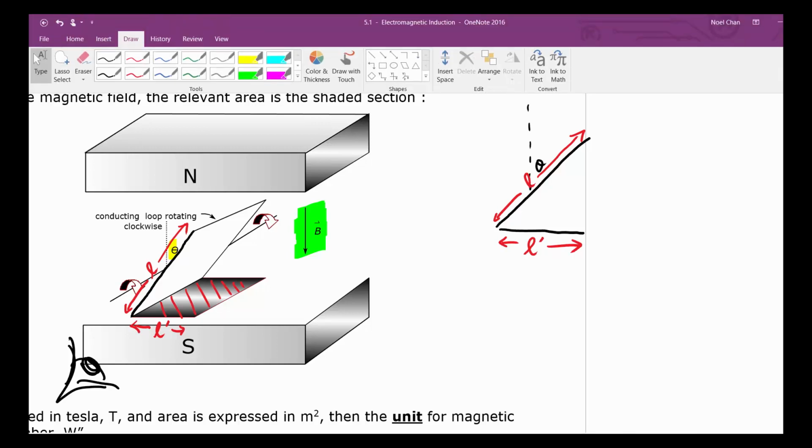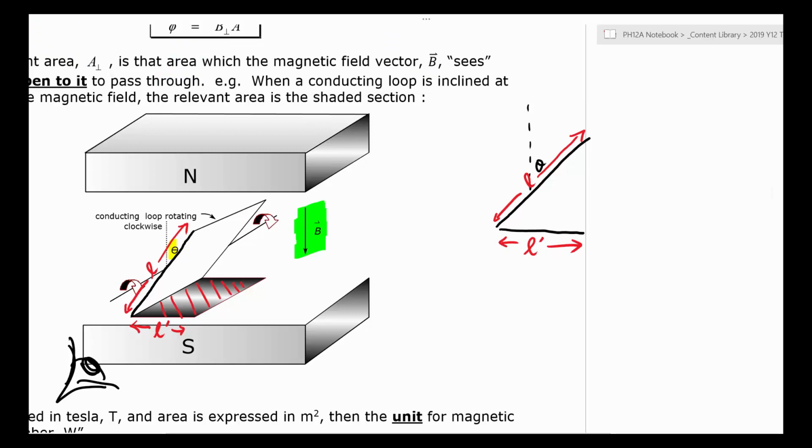Hopefully for those of you that love triangles, you should see that there is, because if you drop a vertical line down, the two dotted lines are parallel, and so this angle here must be theta because of the alternate angles congruent rule, or the Z rule. Then we can use a trigonometric function: sine theta equals opposite over hypotenuse.